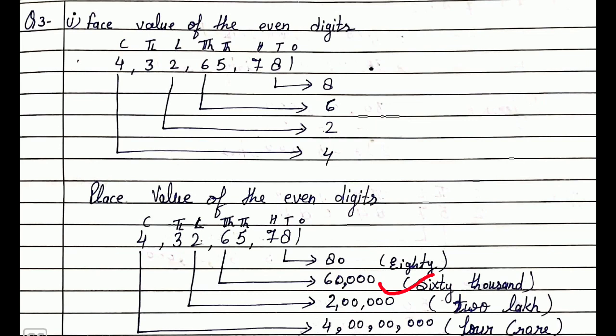Like this, 2 is situated in the lakhs place, and after 2, 5 digits are there, so 5 zeros will come. And the same, 4 is situated in the crores place, after 4, 7 digits are there. So in the place value, after 4 we will write 7 zeros. Is it clear?